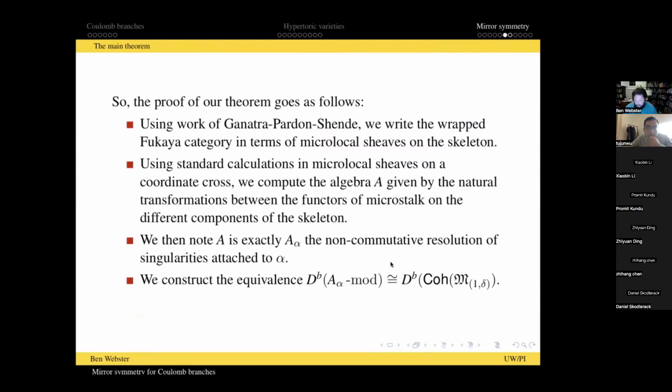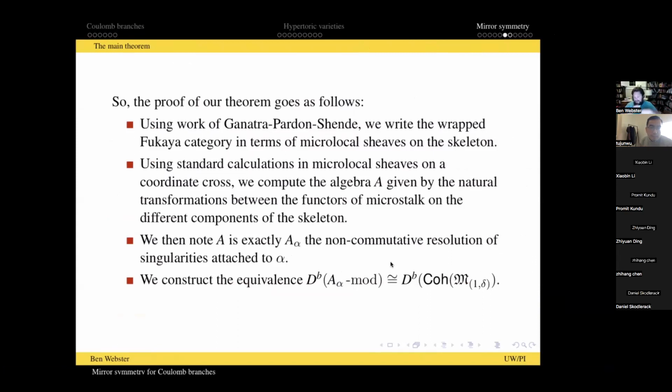So the way everything ultimately goes is we use work of Ganatra, Pardon, and Shende to write the wrapped Fukaya category as microlocal sheaves on the skeleton, which we can actually compute with. We do some standard calculations in microlocal sheaves. The basic one is on the coordinate cross, which allows us to compute the algebra given by natural transformations between the functors of stalk on different components of the skeleton.